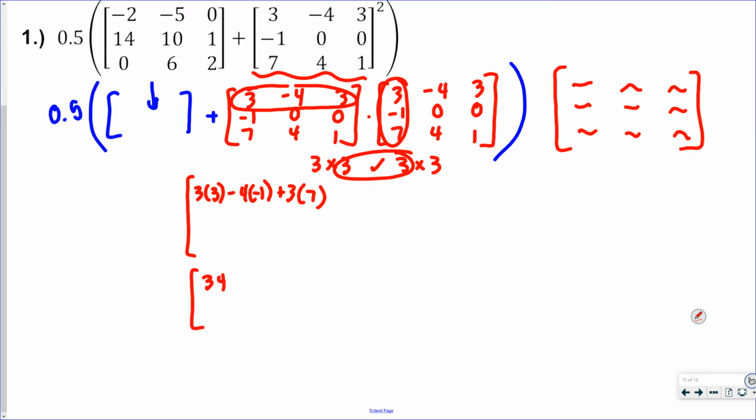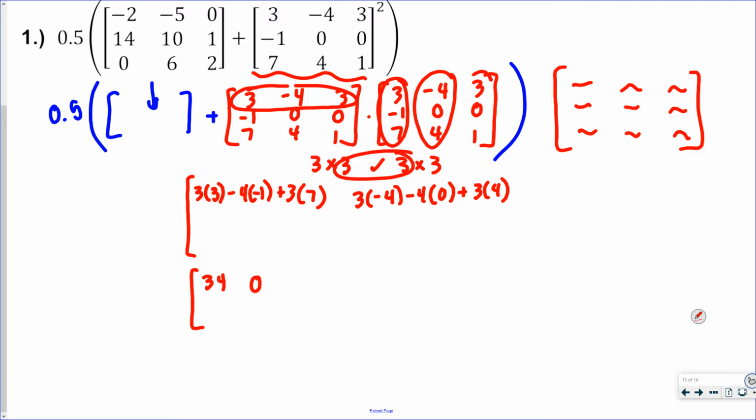Okay. Row 1, column 2. That one should be 0, right? Negative 12 minus 0 plus 12. 0? Yep. Last one.